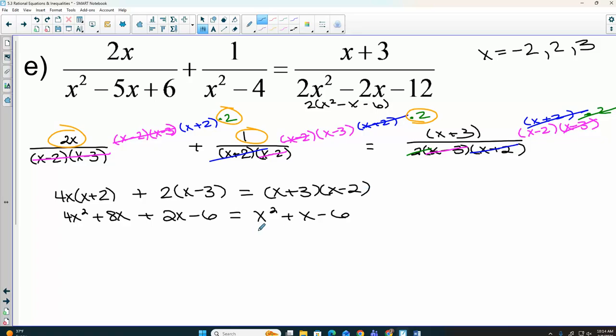Okay, we always set our quadratics equal to 0. So I'm going to bring all this stuff over. So we get 3x squared, 8x plus 2x minus 1x, be plus 9x.